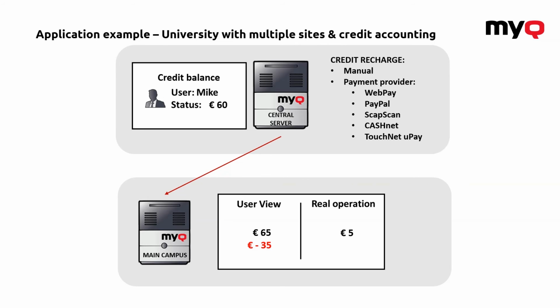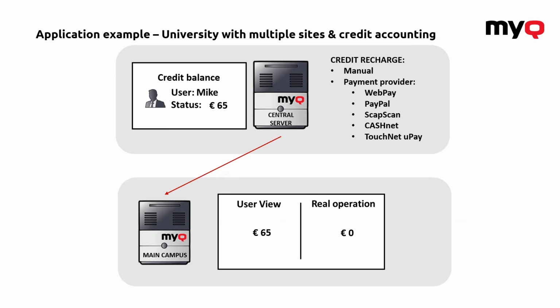The system will automatically calculate everything and send the 5 euros back to the central server. Now, this might look pretty complicated, but there's a reason behind that. And that reason is that we want to prevent anyone going over their limit by simply asking their friend to open a session at the same time on another server, which I will explain on the next slide.